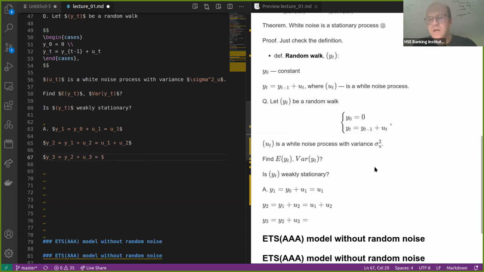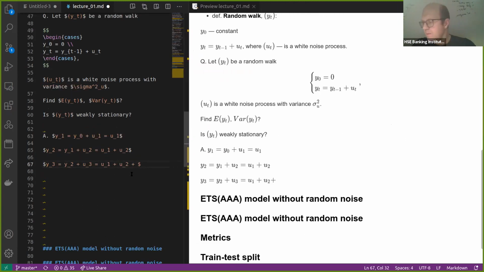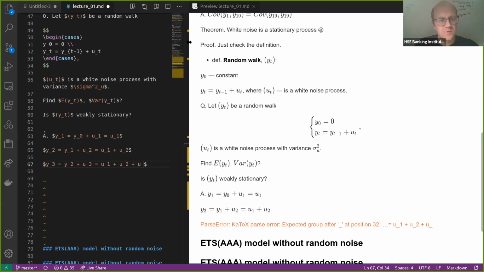We have already calculated it. It's U1 plus U2. And plus, we add what? Yes, Nikita is right. We add U3.